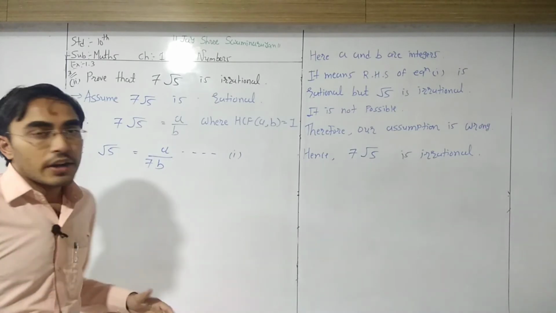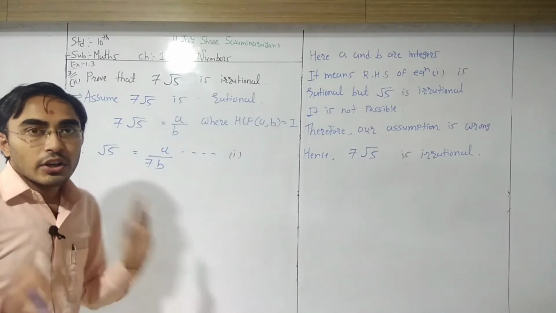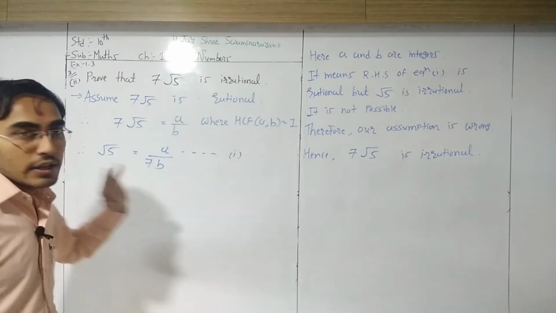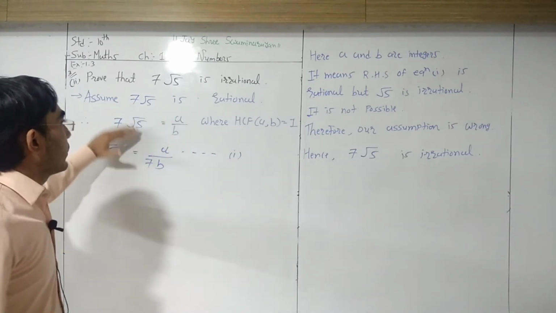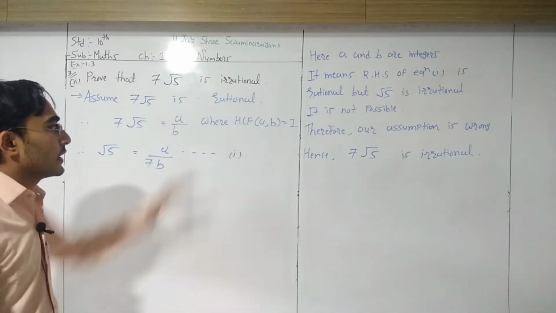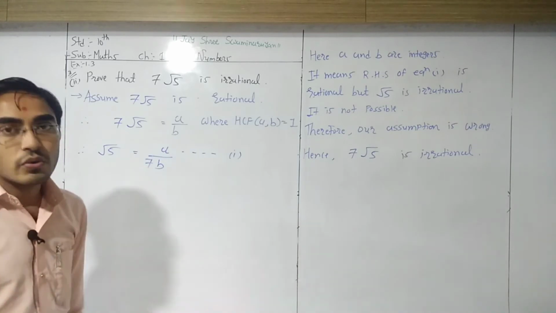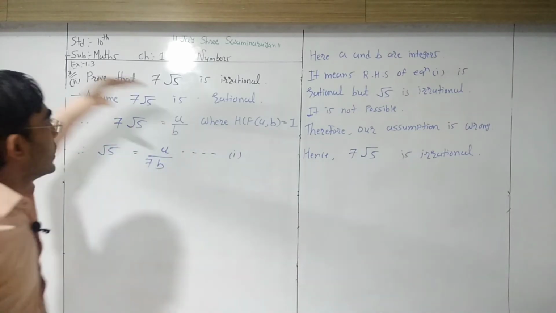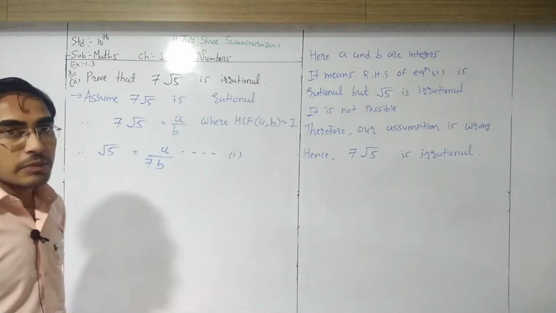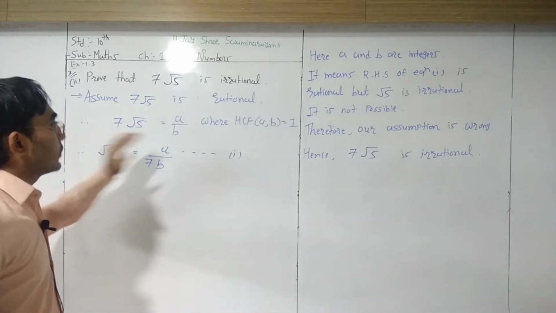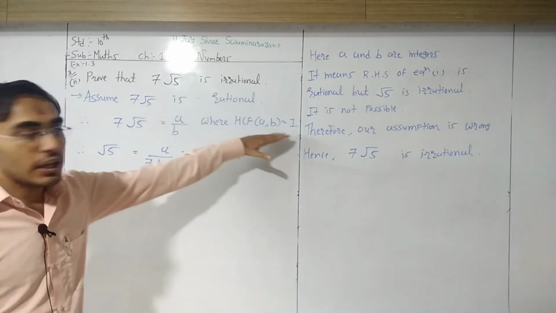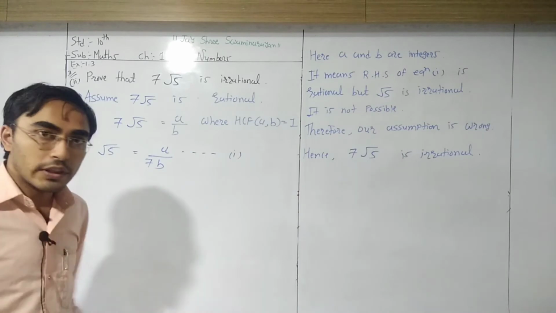If it is rational, then we can represent it in the form a by b, so 7 under root 5 is equal to a by b, where HCF of a and b is equal to 1.